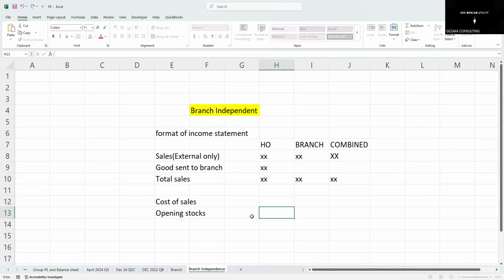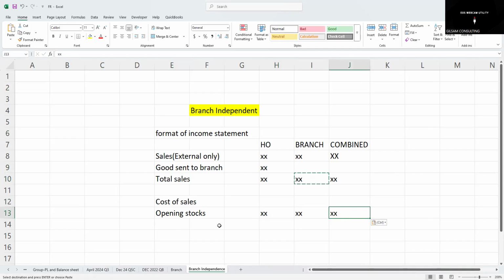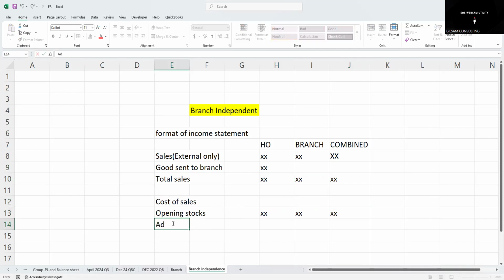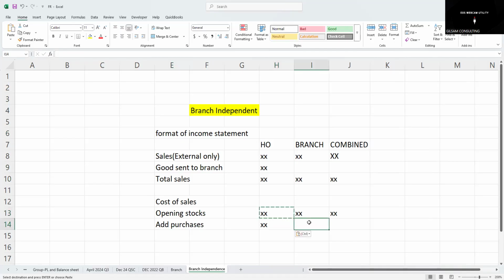The same case with the combine. Add purchases. So it can be either in branch or head office.